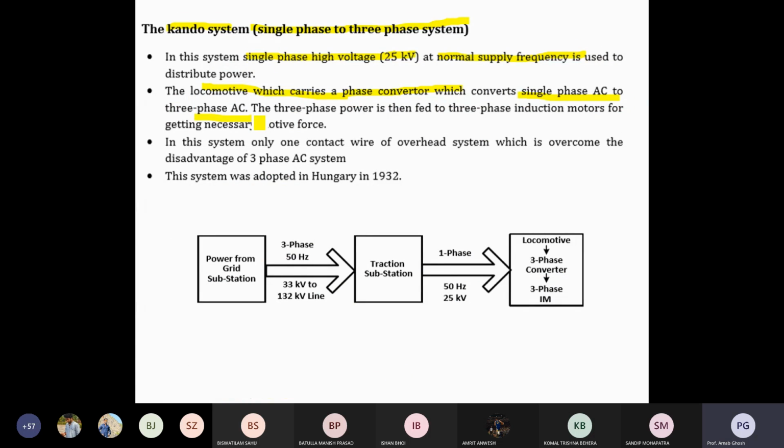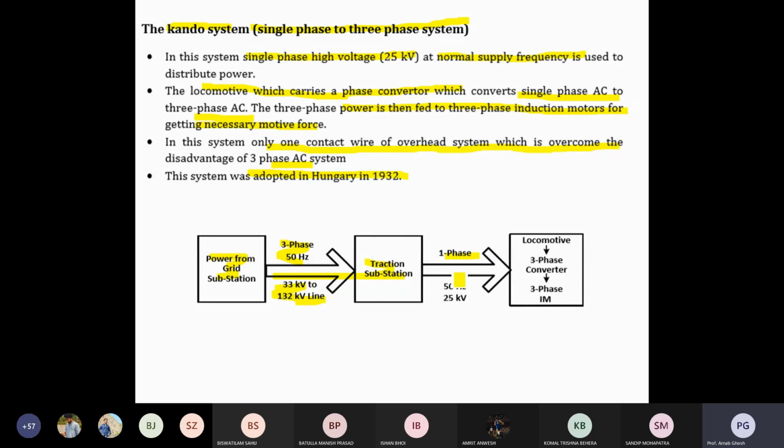Then three phase power is fed to the three phase induction motor to get the necessary motive force, and finally one contact wire in the overhead system overcomes the drawback of the three phase AC system. It was first adopted in Hungary in 1932.